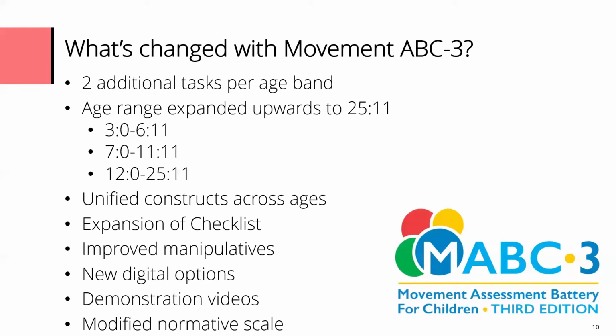And a really nice feature is that both the test and the checklist scores can be interpreted in terms of a traffic light cut score system, with results falling in red, amber, or green zones, which help with classifying those who may benefit from further assessment, intervention, or monitoring. A lot of users really like the red, amber, green scale as well, just to help with that interpretation.